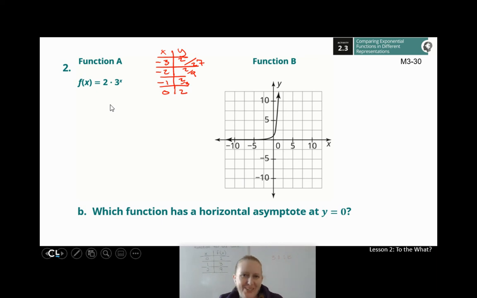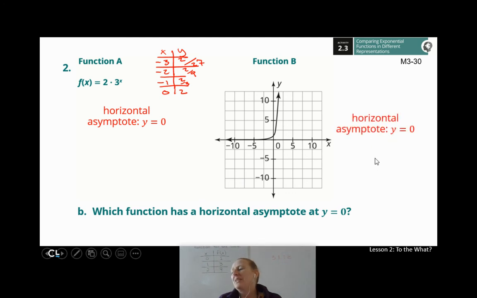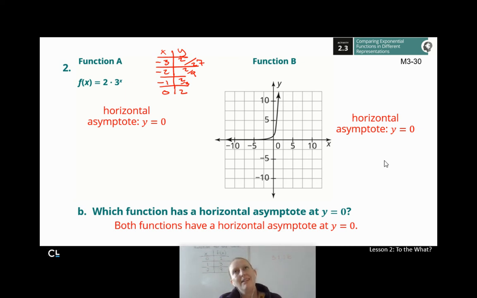It's heading towards 0, isn't it? Oh, so my horizontal asymptote is at y equals 0. And I don't even need a table. I can see it swooping down and heading towards 0. Do you see that? So I'm going to say my horizontal asymptote here is also y equals 0. So both functions have a horizontal asymptote at y equals 0. Yay.